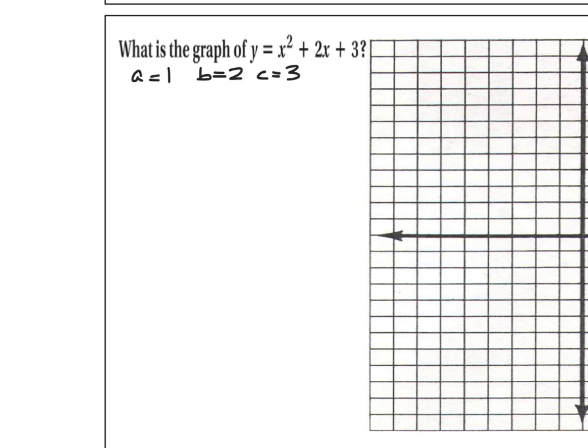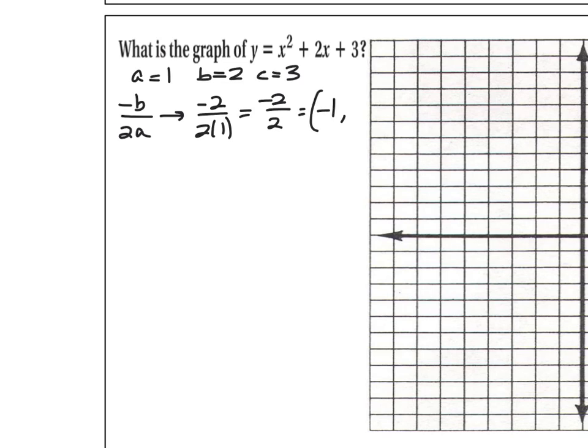In order to find the vertex, I have to take the opposite of b all over 2a. So the opposite of b over 2 times a. Well, that is negative 2 all over 2 times 1, which is negative 2 divided by positive 2, which is negative 1.